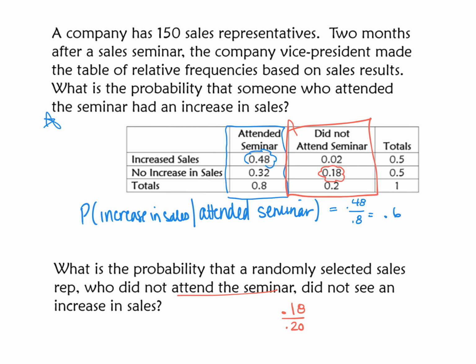So when I divide that out, I get 9, oops, I mistyped, I'm sorry. 90, I believe. Yes, 90%. Okay, which makes sense. You didn't go to the seminar, you didn't get help, so you didn't increase your sales. That makes sense, right? 90% of the people who did not attend didn't get any better. Okay, that's what this conditional probability is really trying to focus in on.